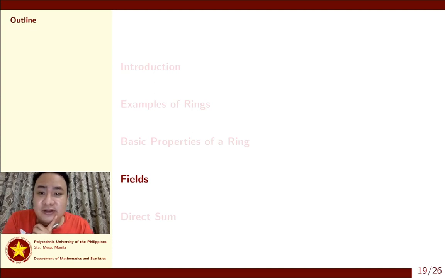Kung meron man, ang tawag doon ay unity. Now, kung let's say, ring mo ay may unity, ang kasunod nun, tatanungin mo kung yung mga elements ay may inverse under the multiplication. Kasi may identity ka na eh. Ang kasunod nun ay inverse.